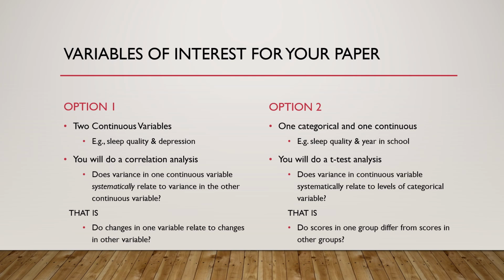A t-test is looking at how variance in a continuous variable is systematically related to the levels of a categorical variable. Are the scores and the variance that's happening in one group different from the scores and variance that's happening in the other? Is there some kind of systematic difference between how people score on your continuous variable depending on which categorical variable they are in, which level of that categorical variable?